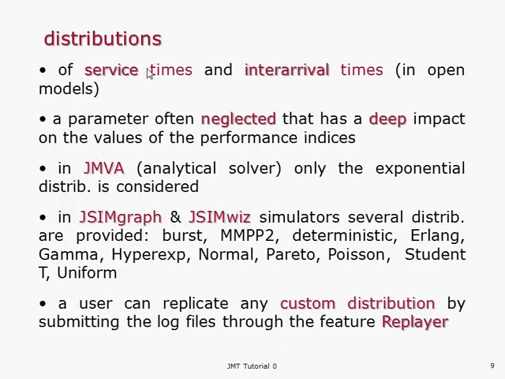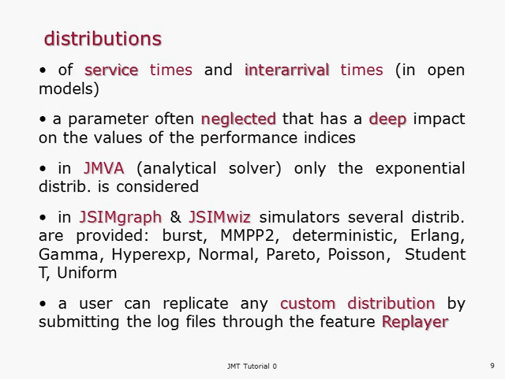Concerning the parameters of the distribution, the parameters mean the service times and the inter-arrival times, of course in open models. Those are described through their mean values and other parameters, and their distribution.